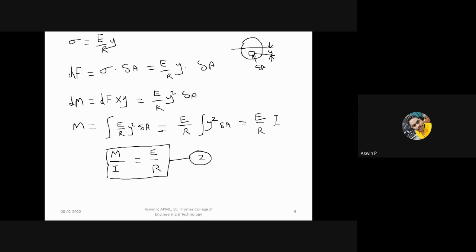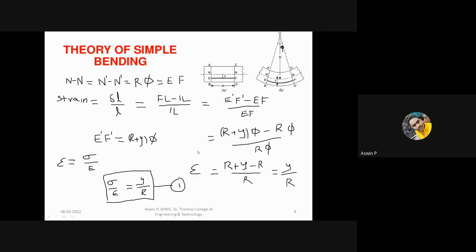And when we compare with the previous case, a small change is required. In the upcoming problem, the term coming is E by R, so you need to rearrange this. That is, sigma by y is equal to E by R. Right?